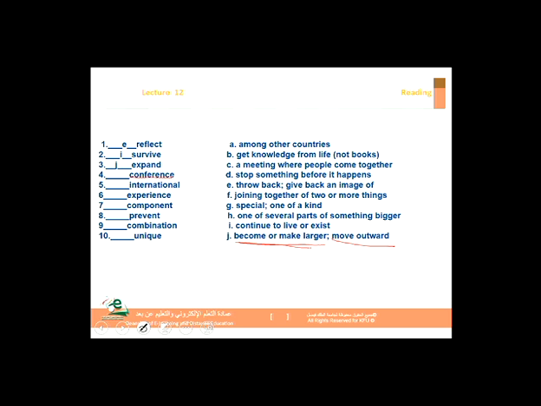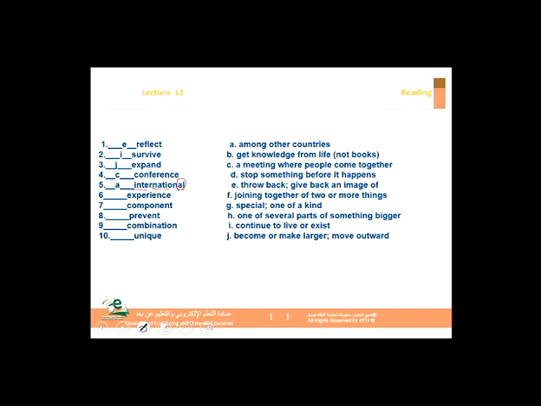Conference, con. Con means together. So conference, C, a meeting where people come together. As you can see now, just by looking at the prefixes, we can link the words with their definitions. International, inter, and then nation, and then AL.